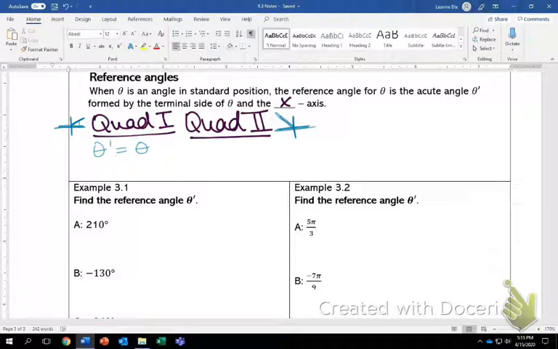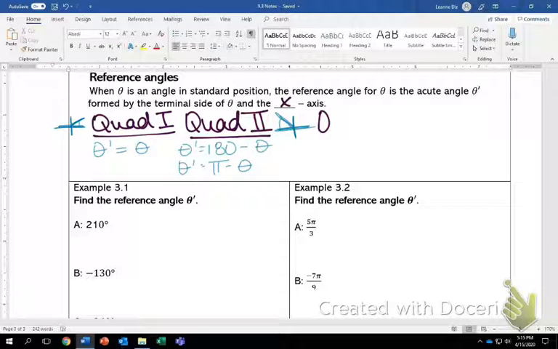So I'm trying to get to the 180 line. That's all I really care about. And I can think about this in one of two ways. I can ask myself, what degree will get me there? Or you can use formulas, which is theta prime is equal to 180 minus theta, or if you're working with radians, it's pi minus theta.